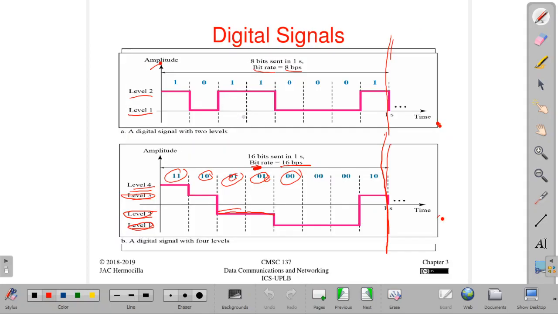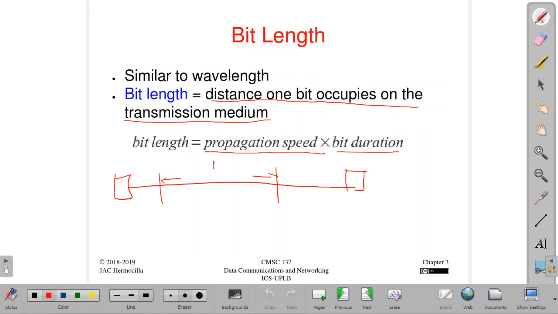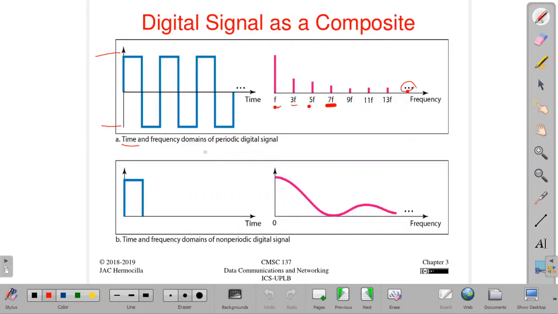Okay. So normally you don't send a pattern of 1 0 1 0 1 0 1 0. So usually it's non-periodic, and like this one, this is a single bit.